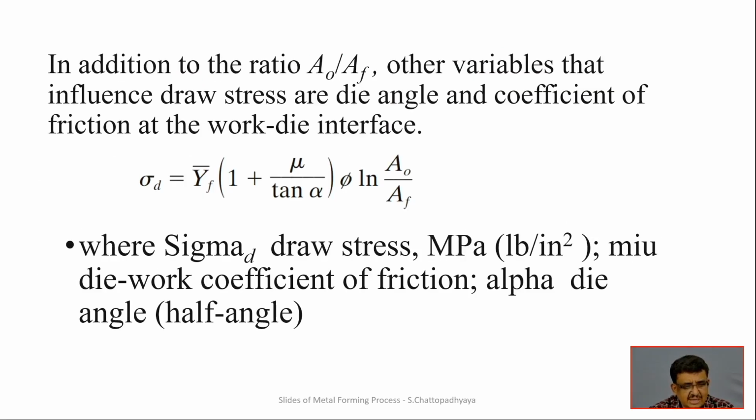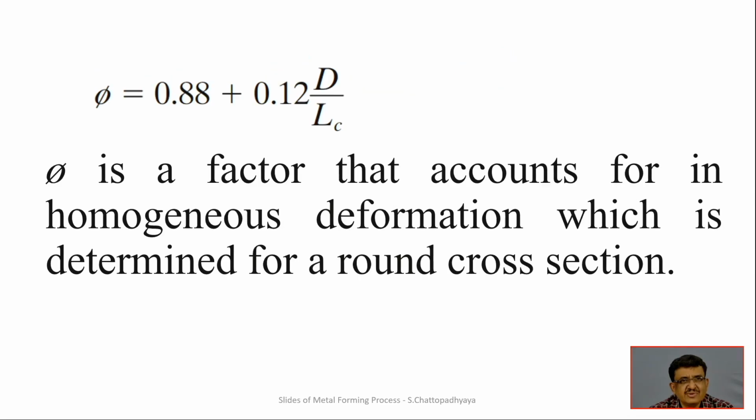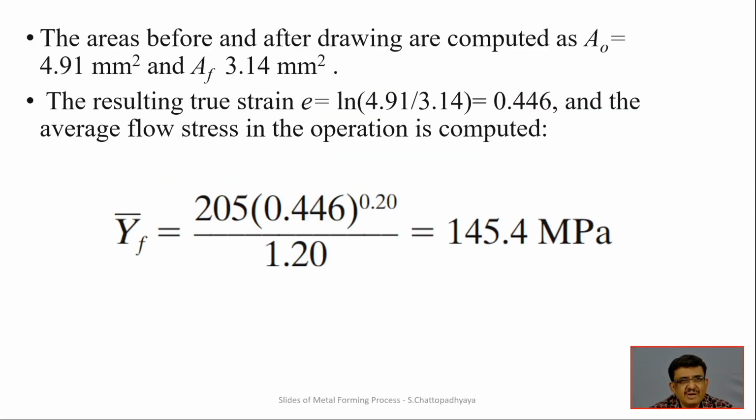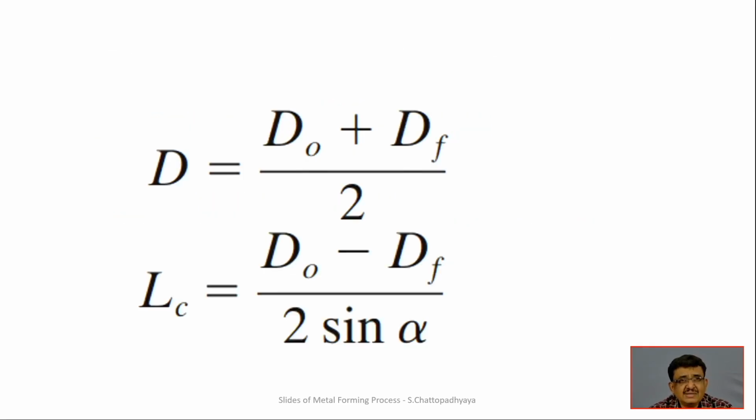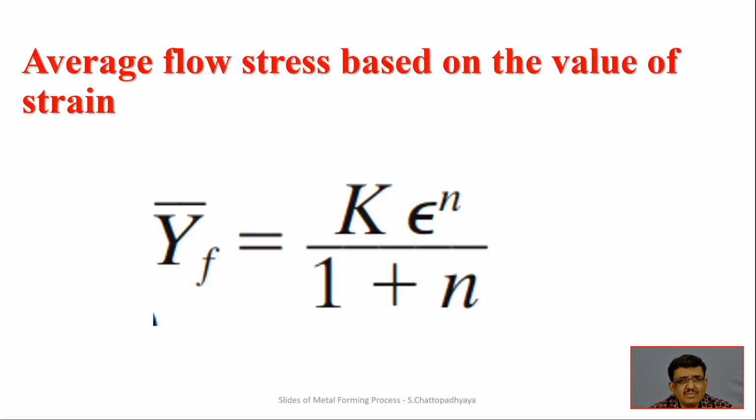that is sigma d is equal to Yf into 1 plus mu by tan alpha into phi into logarithm of A0 by Af. So we are putting all those values in, and according to that the stress can be calculated. Yf and other things we can easily calculate from there itself.